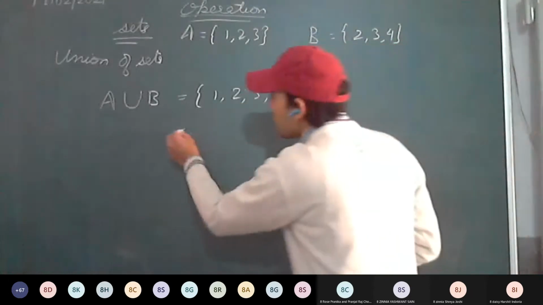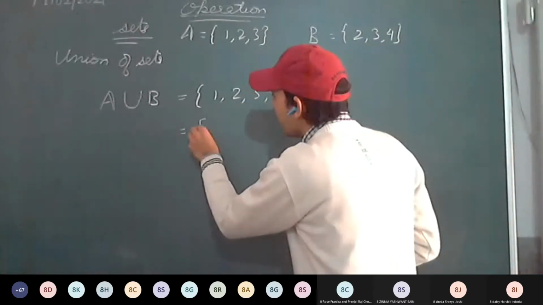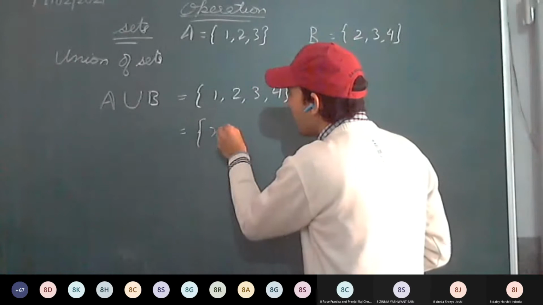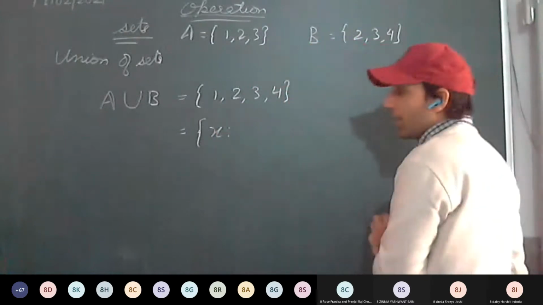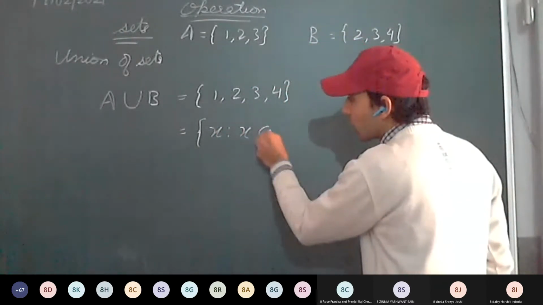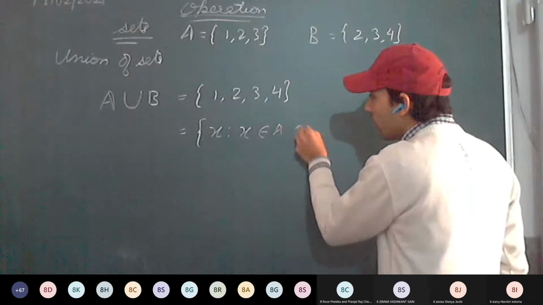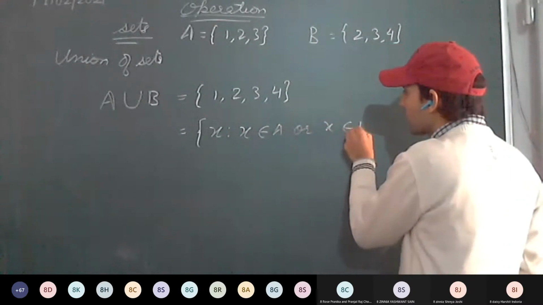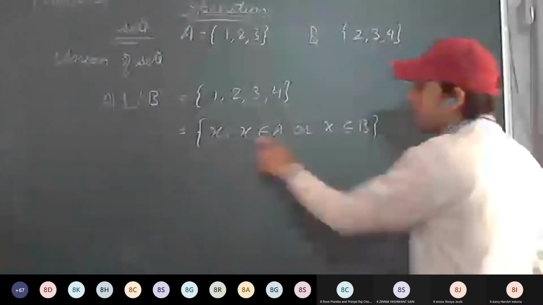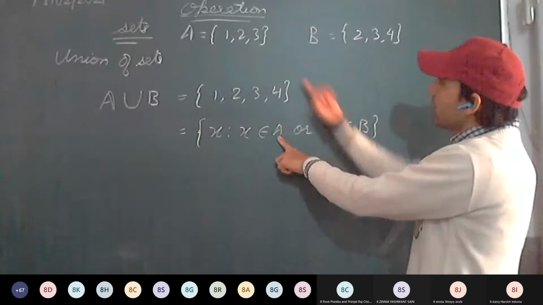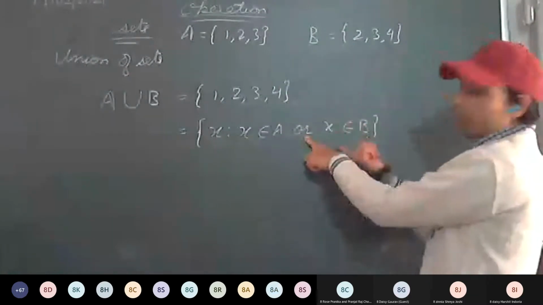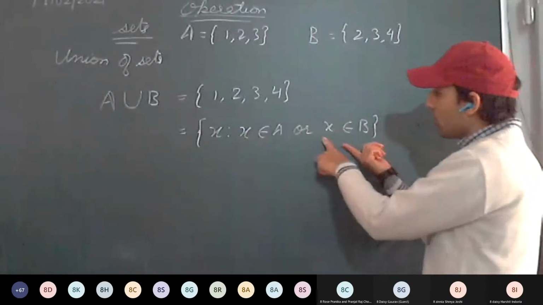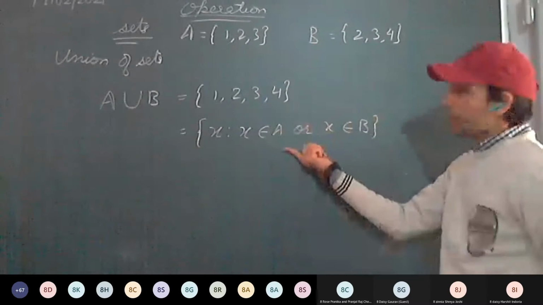If we denote it in set builder form, it will be: x is the element such that x belongs to A or x belongs to B. Whether it belongs to A or B, we take all those elements.